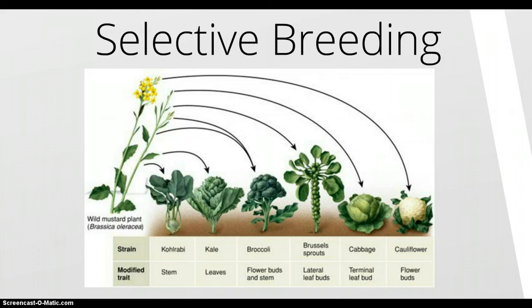To produce kale, the farmer, over a series of many generations of the plant, would keep selecting wild mustard plants that have these long leafy greens, and then they would keep selecting them and planting those seeds, and eventually they would start to create a new plant called kale that had this trait that they had been selecting for.